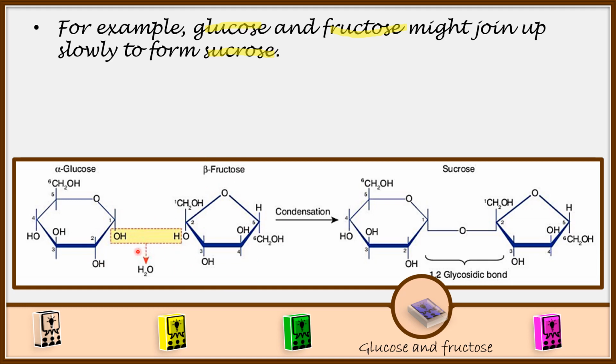They are combining together through condensation, and they are going to lose water. When they lose water, we shall form a glycosidic bond. So here we are going to form our product, which is sucrose. Glucose has combined with fructose via a 1 to 2 glycosidic bond to form sucrose.